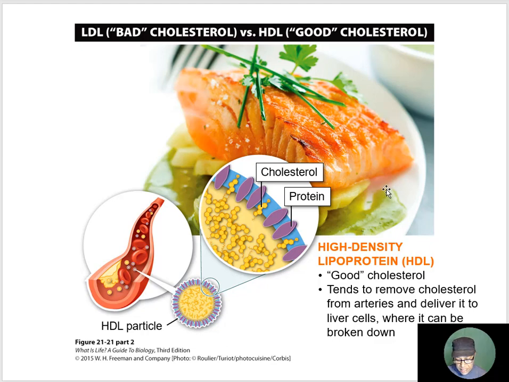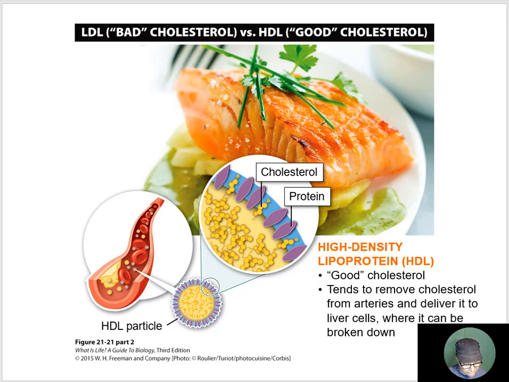And this high-density lipoprotein, the HDL, this good cholesterol, it tends to actually remove cholesterol from arteries and deliver it to the liver cells where it can be broken down. So that is a good thing, and that's why we want a higher level of this HDL, because it's good stuff. It's cleaning out all the arteries and getting all that bad cholesterol to where it's supposed to go and to get cleaned up by the liver.